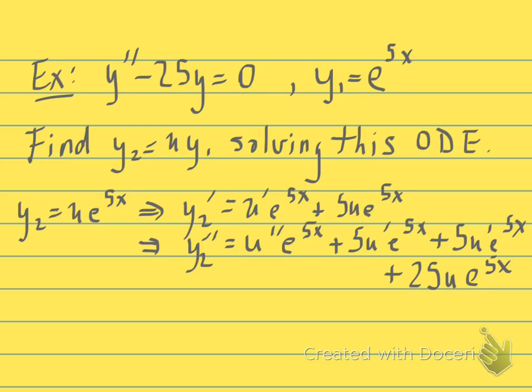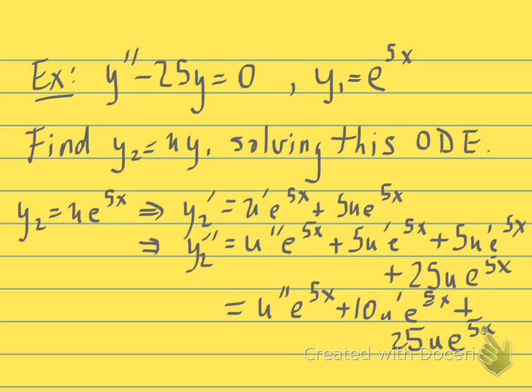And y2 double prime is u double prime e to the 5x plus 5u prime e to the 5x plus 5u prime e to the 5x plus 25u e to the 5x. Now, if I simplify just a little bit, I have u double prime e to the 5x plus 10u prime e to the 5x plus 25u e to the 5x. So that's what happens if I let y2 just be u times e to the 5x.